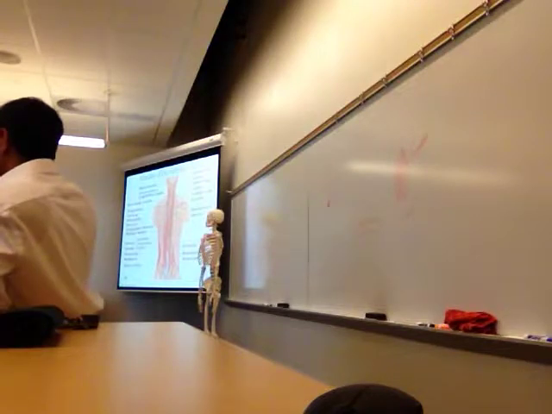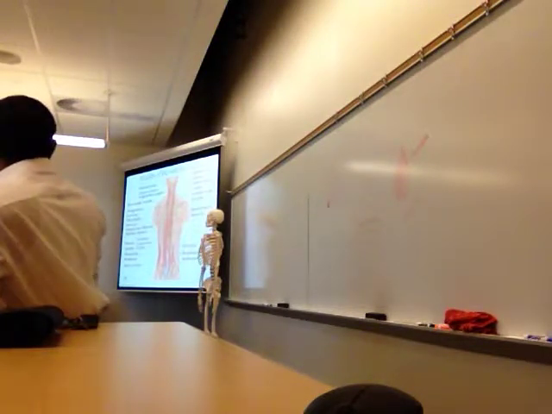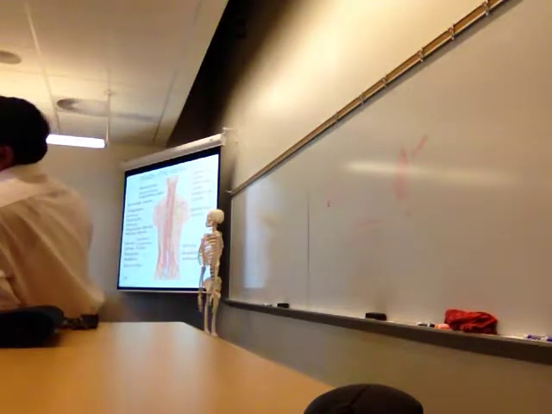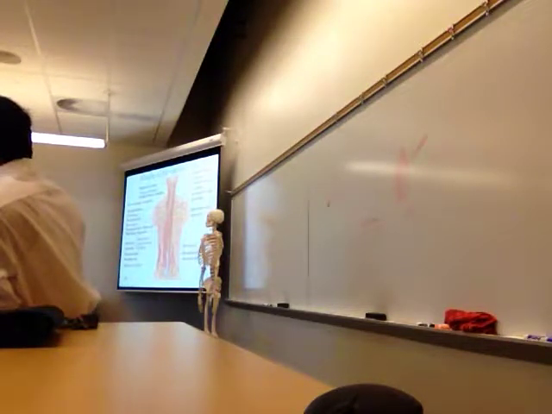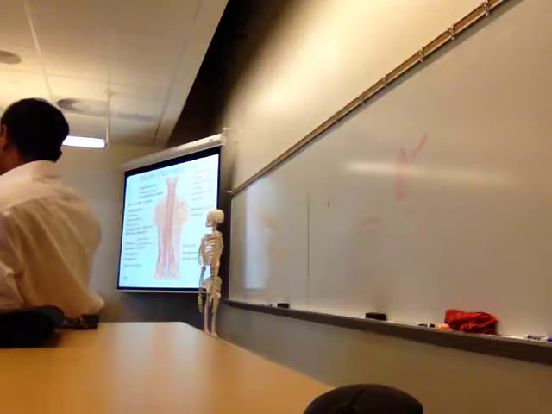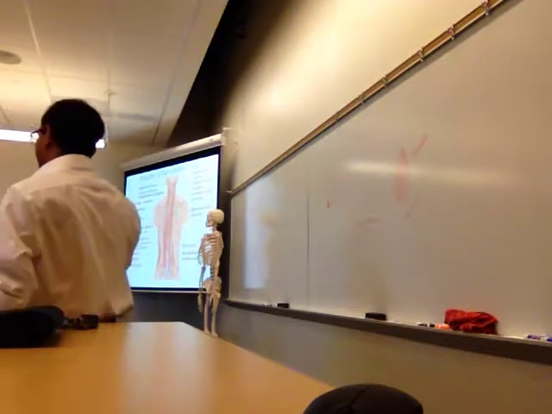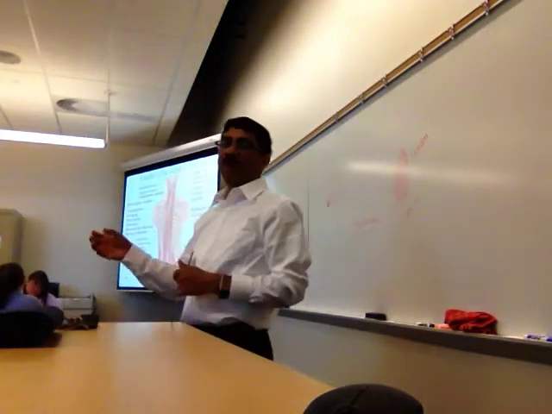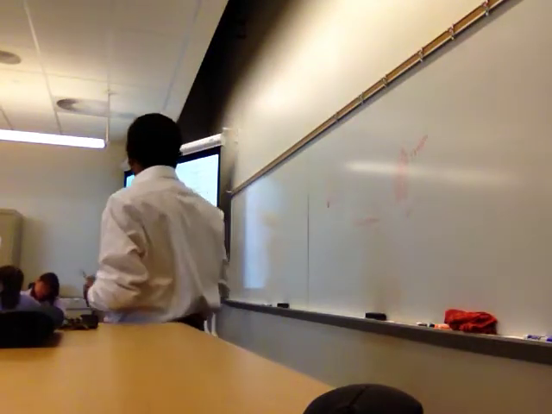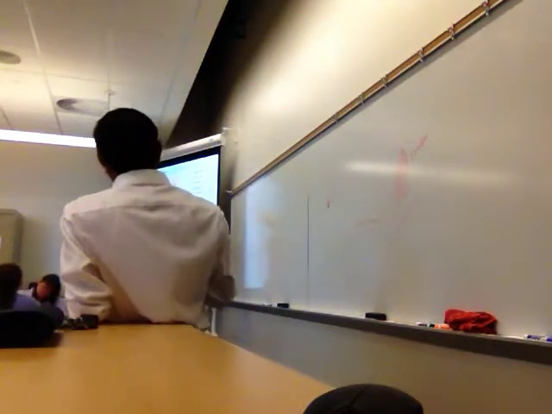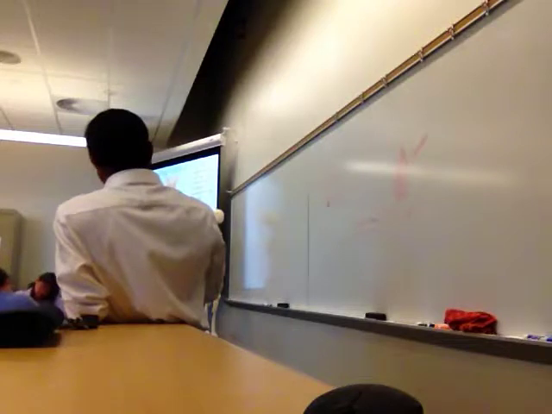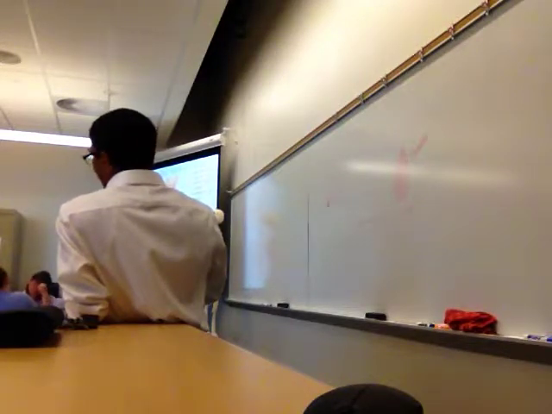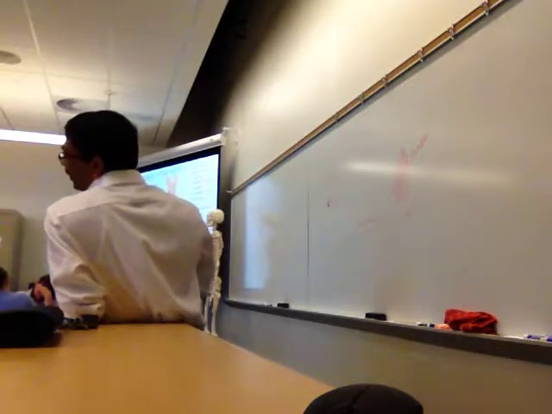standing straight. Okay. Now, erector spinae is actually not a single muscle. It is a group of muscles. We say erector spinae is a group of three muscles. Which three muscles? Iliocostalis, longissimus, and spinalis.